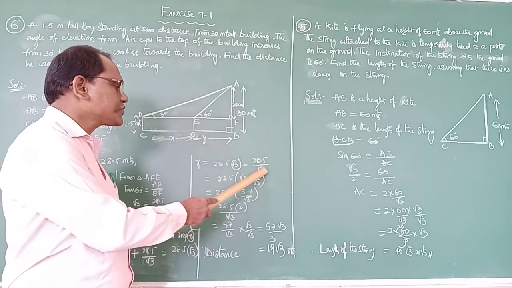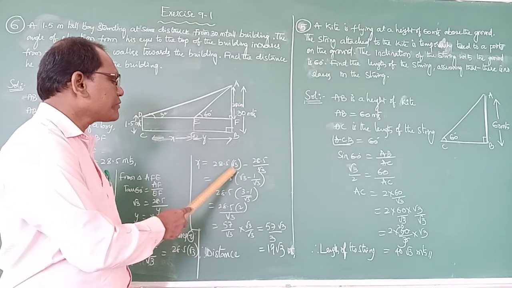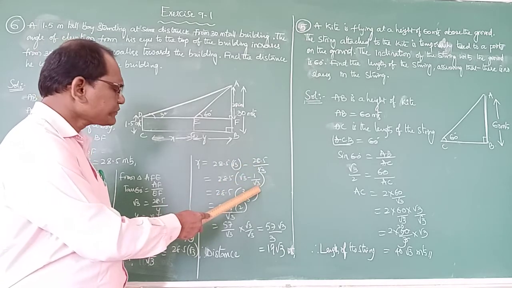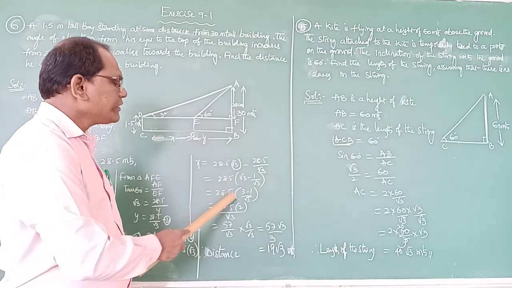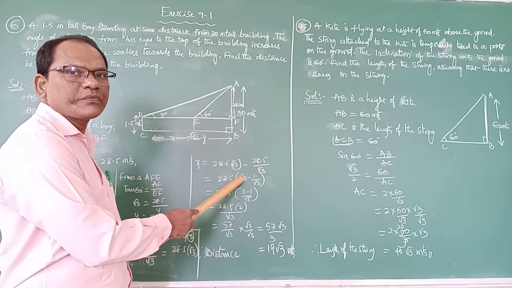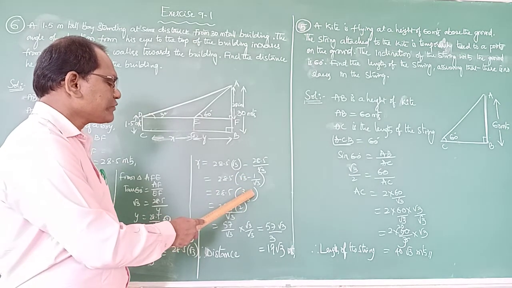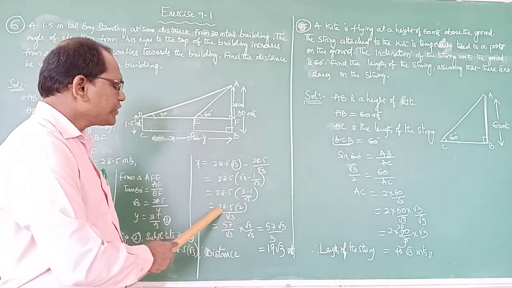In these two terms, children, 28.5 is the common term. 28.5 times root 3 minus 1 by root 3. Root 3 times root 3 is root 3 whole square, so the square root cancels and gives 3. 3 minus 1 by root 3. 3 minus 1 is 2.